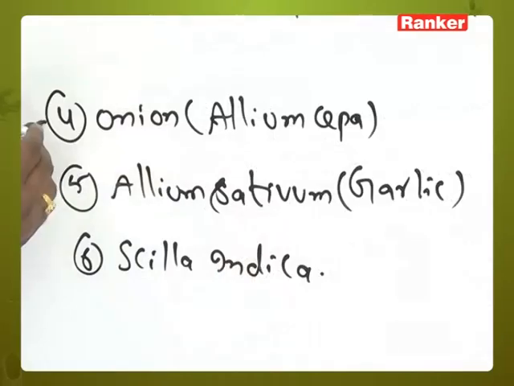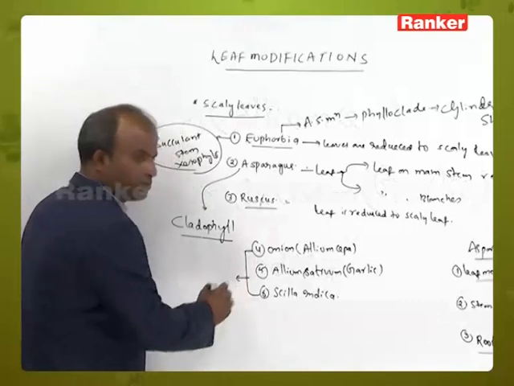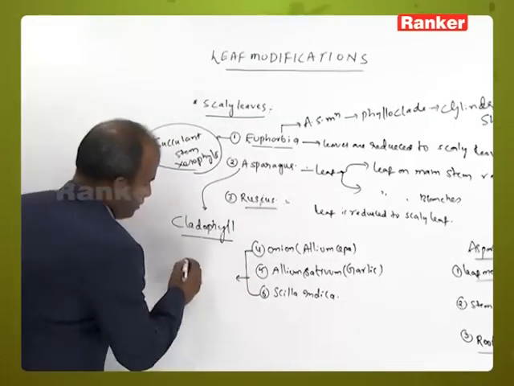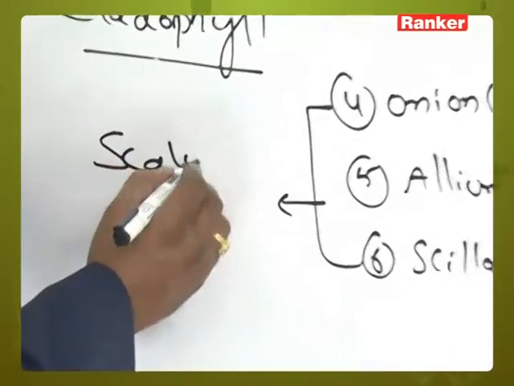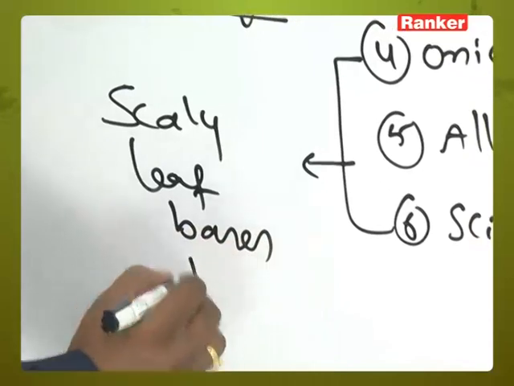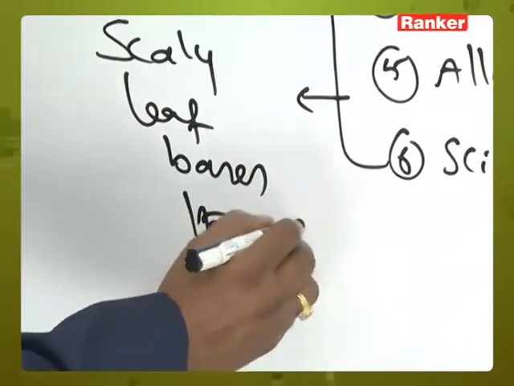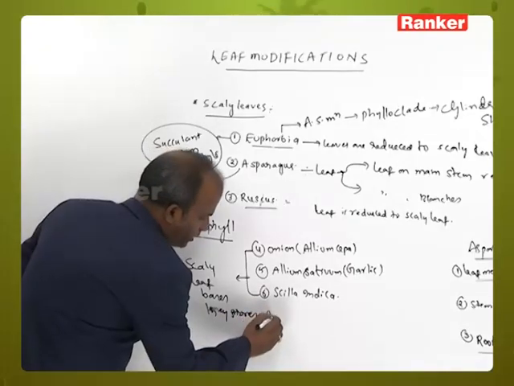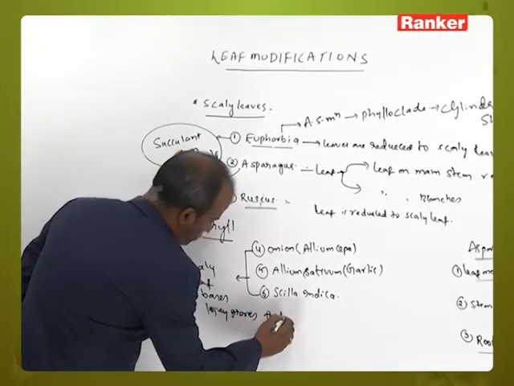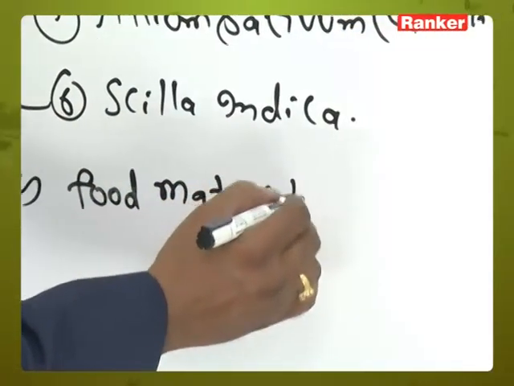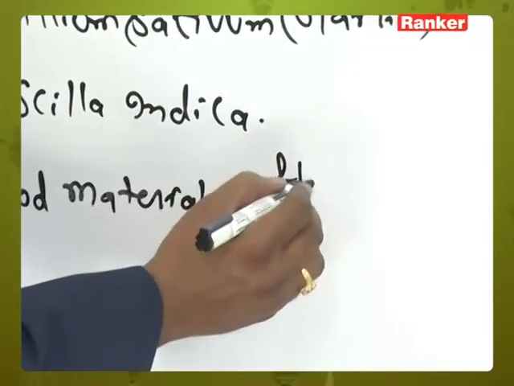And what happens in these members? The scaly leaf bases store food materials and they become fleshy.